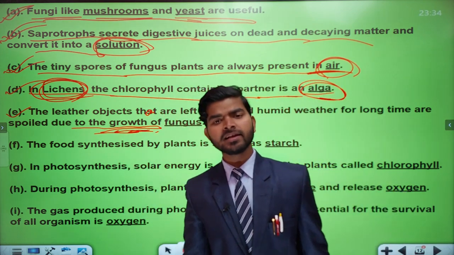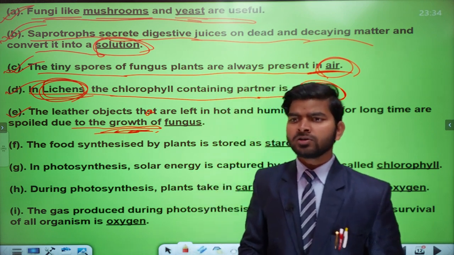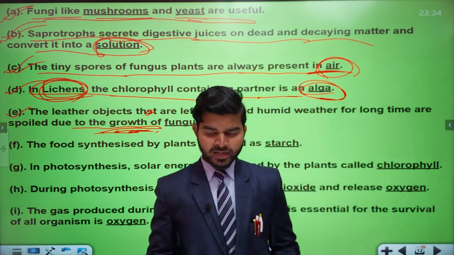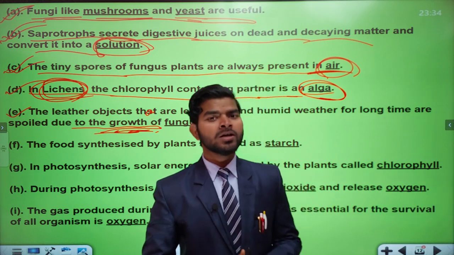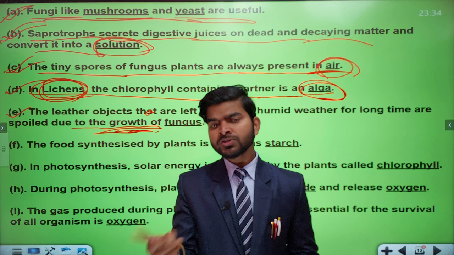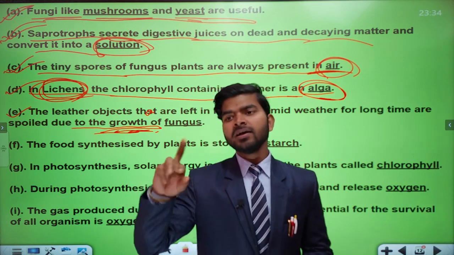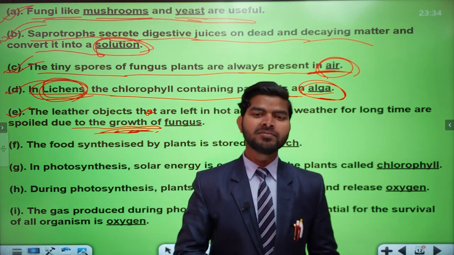That means, just like a bread piece, objects may become spoiled over a period of time. In this way we have also learned this particular point by performing an activity.